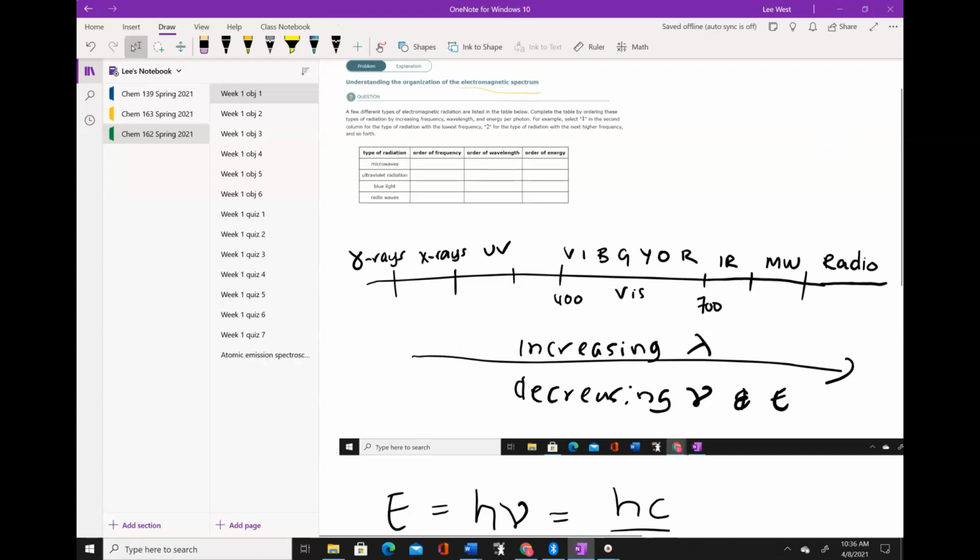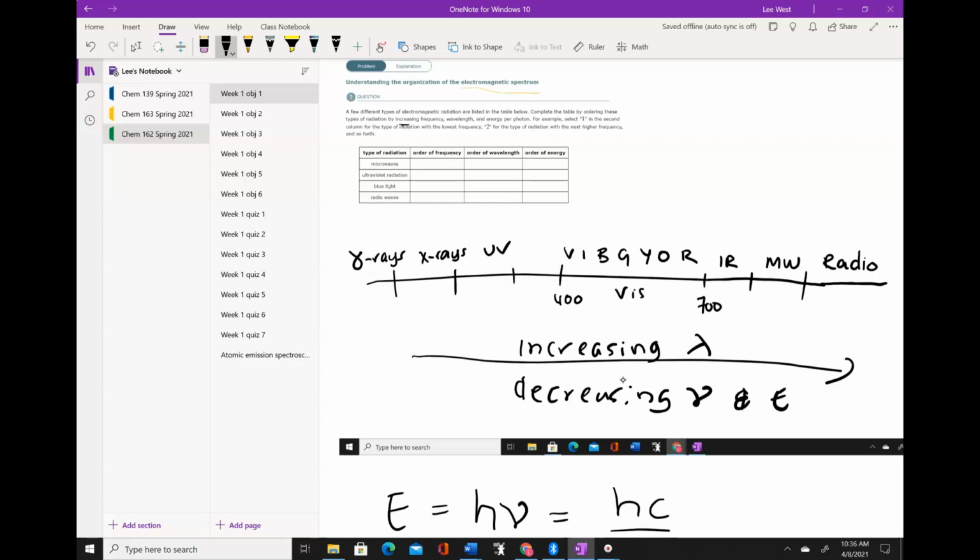Okay, so how does that help us? Let's list these in order of increasing, so we're going to go from lowest to highest. Which of these has the lowest frequencies? We've got microwaves over here, then we've got radio waves.